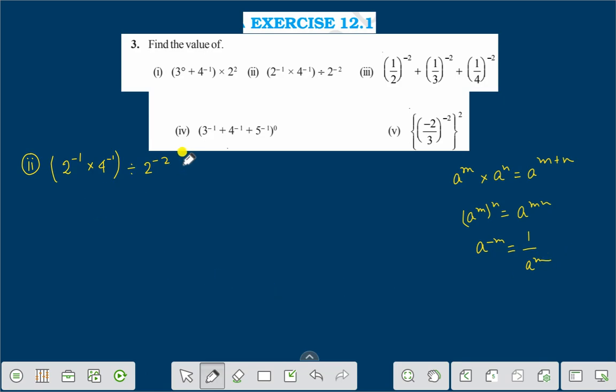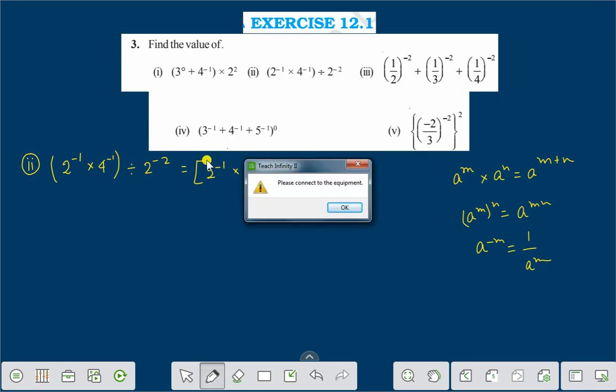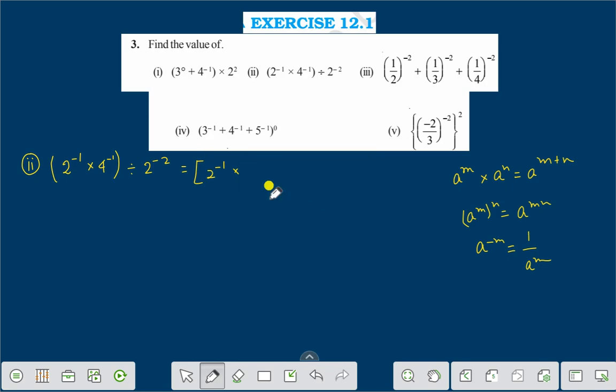For this, let us find. Here, in the bracket we can write 2 to the power minus 1 into 4 to the power minus 1, and 4 can be written as 2 to the power 2, so 2 to the power 2 to the power minus 1, right?